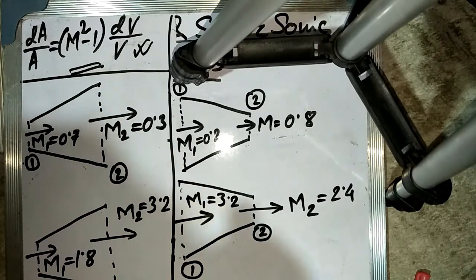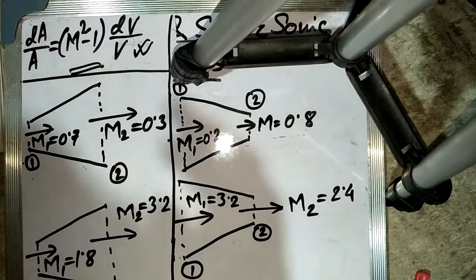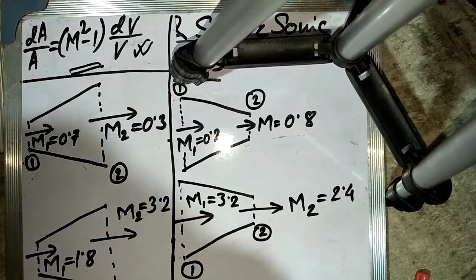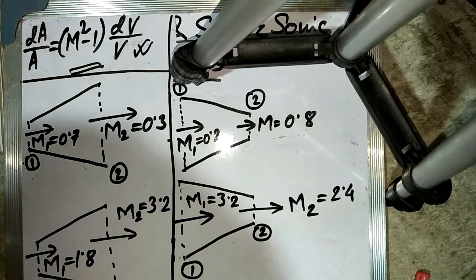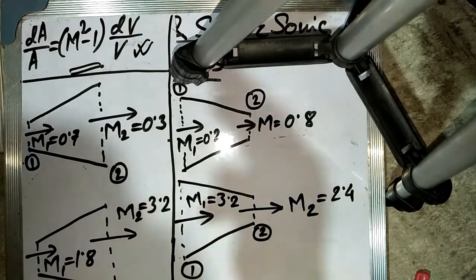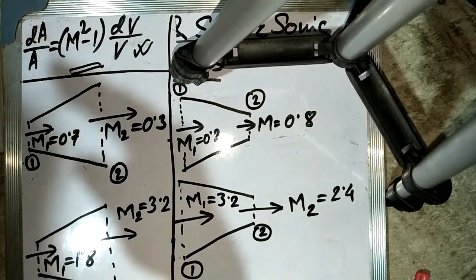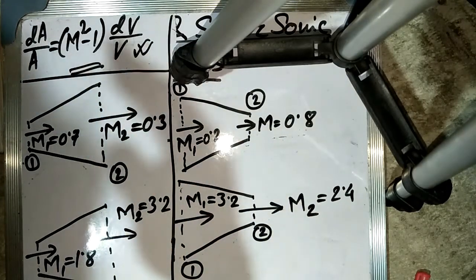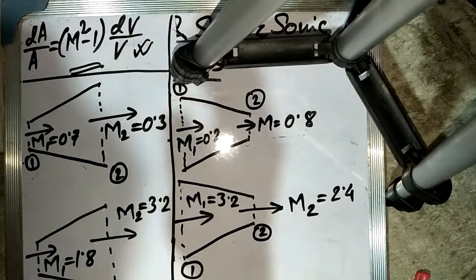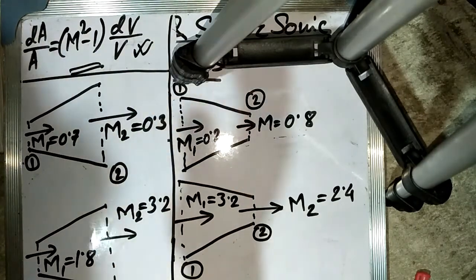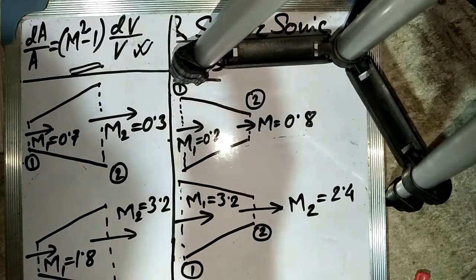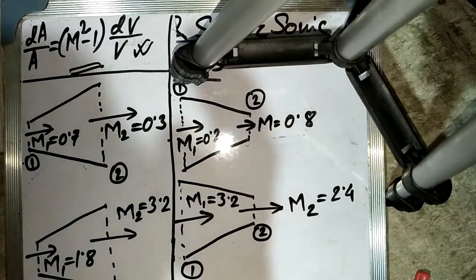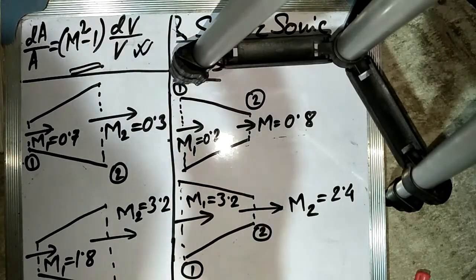And when the value of M is greater than 1, that is when the inlet velocity is supersonic, as the flow area A decreases, the pressure increases and the velocity decreases, and as the flow area A increases, the pressure decreases and velocity increases. So for supersonic flow, a convergent passage is a diffuser and a divergent passage is a nozzle.